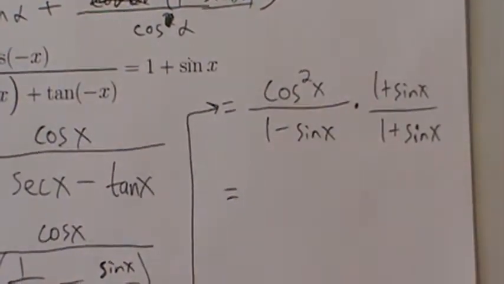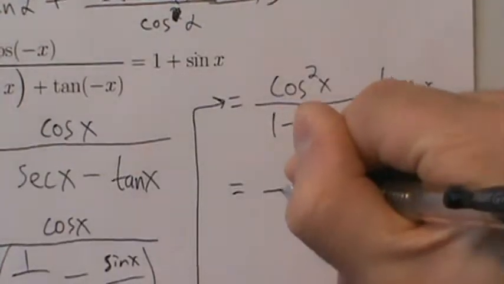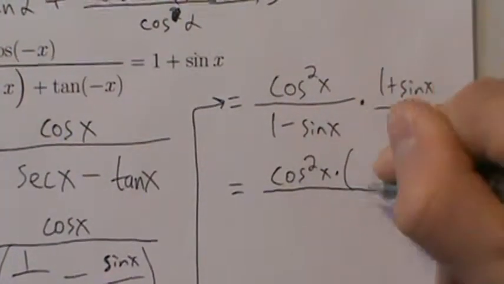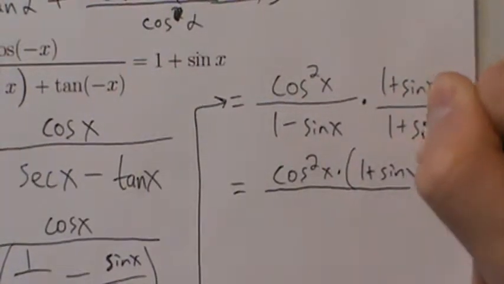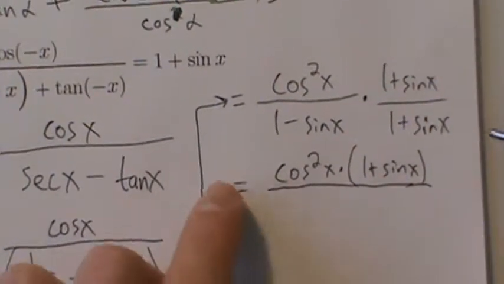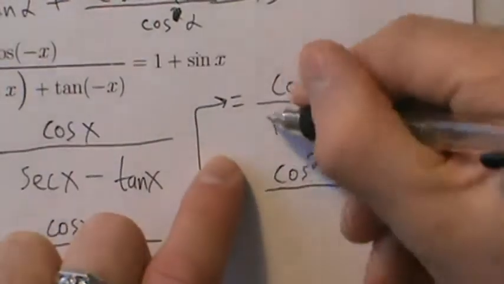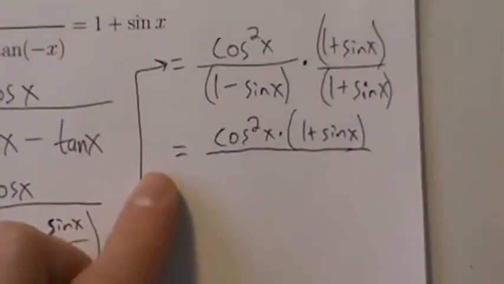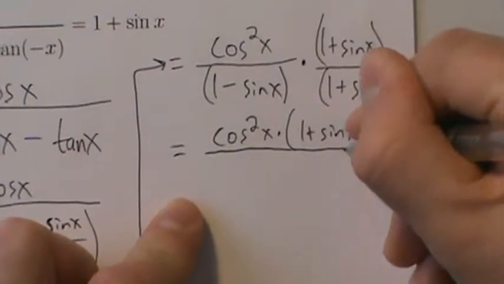Now leave the top factored, like we usually do when we do something like this. So 1 plus sine of x. And then on the bottom, let's FOIL that: 1 minus sine of x times 1 plus sine of x. We did a lot of FOILing with the earlier examples, but we'll just show the details again.